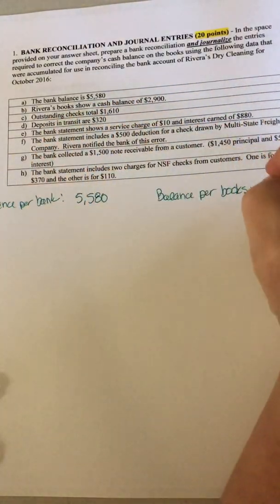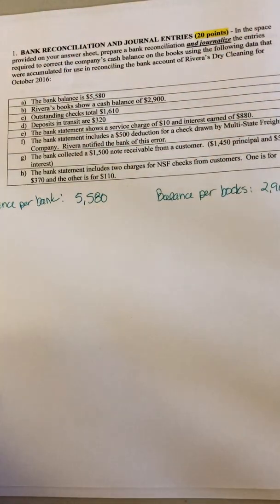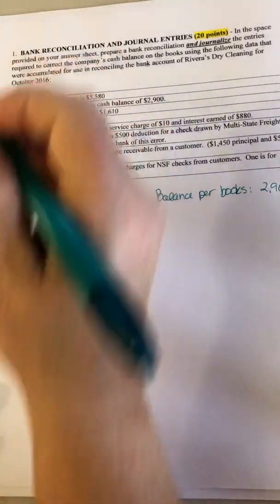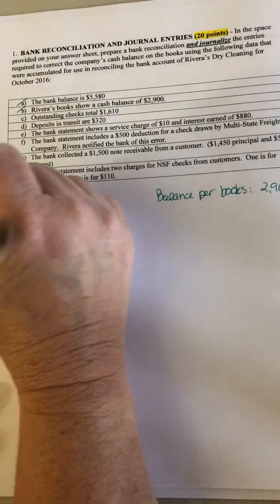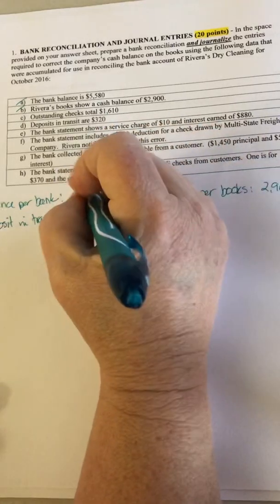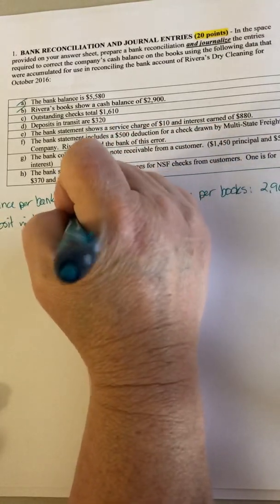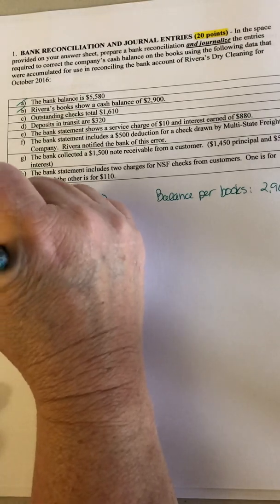The book balance is $2,900. Then outstanding checks total $1,610, and deposits in transit are $320. So we add deposits in transit to the bank side, and we subtract outstanding checks from the bank side.